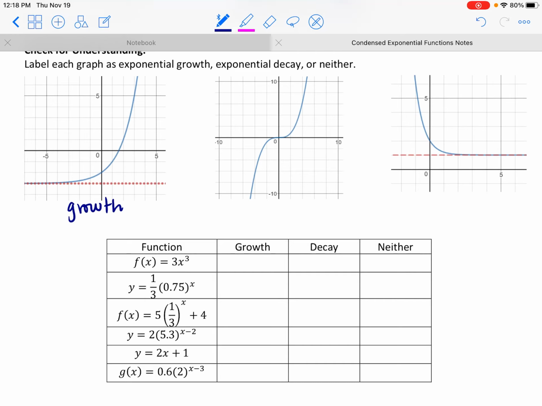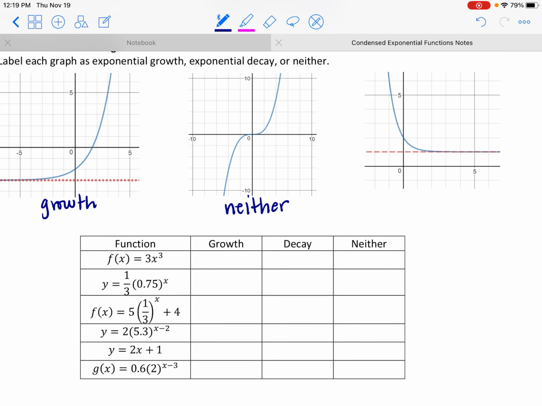It doesn't maintain the shape of our exponential growth or decay functions. So hopefully you can see that this is neither. We just finished a unit on polynomials, and hopefully you recognize that as a polynomial function with an odd degree. Whereas the last one here, we have an asymptote and the graph is decreasing, so this is likely an exponential decay function.